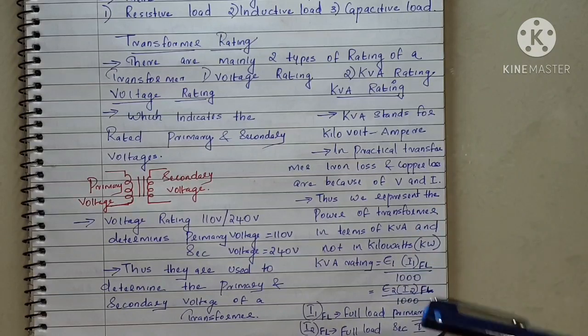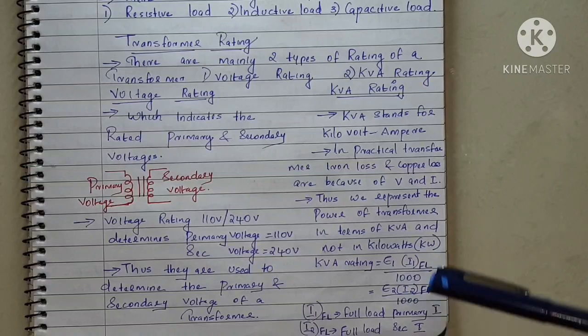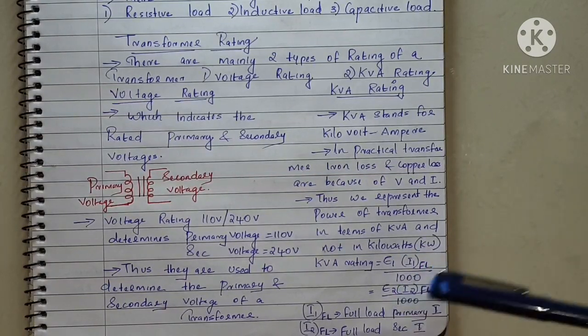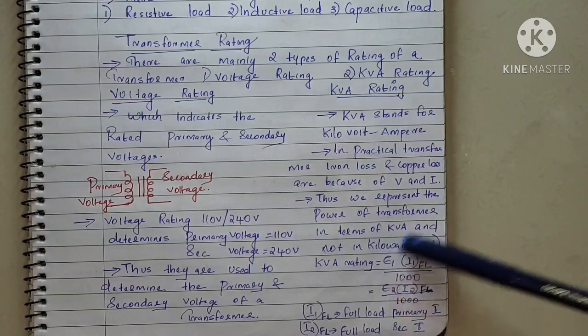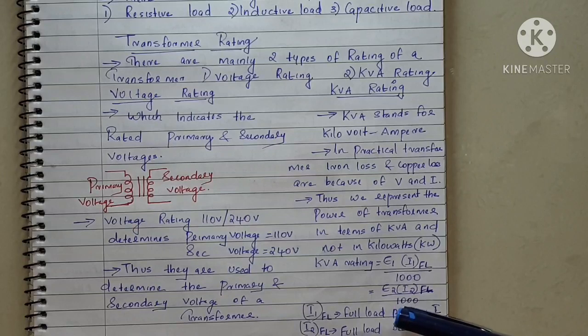So, kVA rating can be denoted as E1 or V1 into I1 full load divided by 1000 on the primary side, and on the secondary side it can be denoted as E2 or V2 into I2 full load by 1000. I1 FL is full load primary current and I2 FL is full load secondary current.